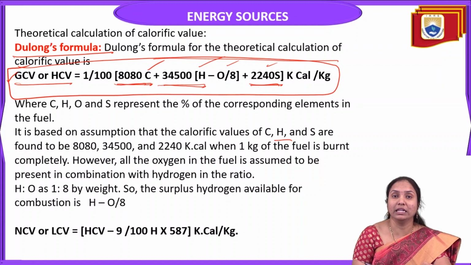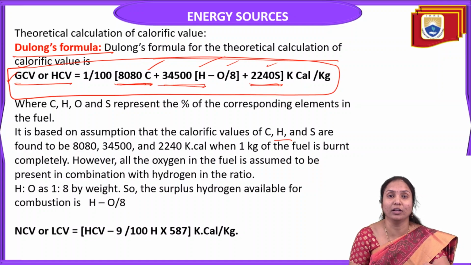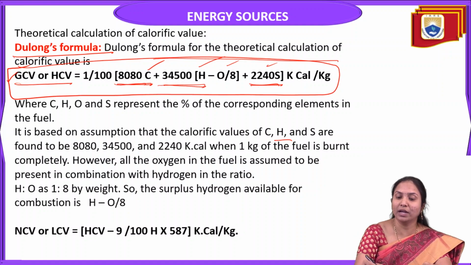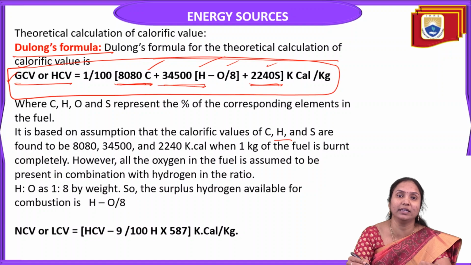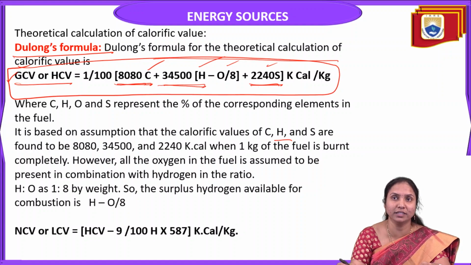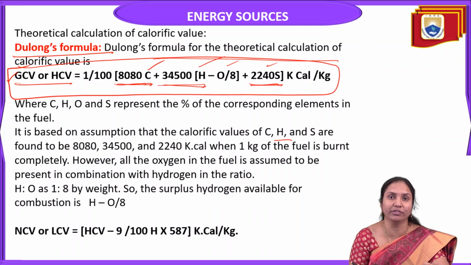So according to Dulong's formula, high calorific value, HCV or GCV, equals 1 by 100 into 8080 carbon plus 34,500 H minus O by 8 plus 2,240 sulfur. This is the formula used for high calorific value.